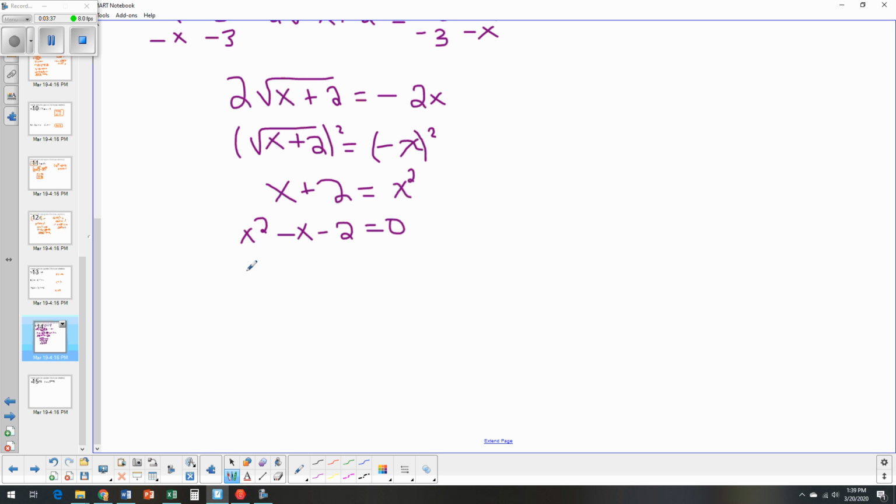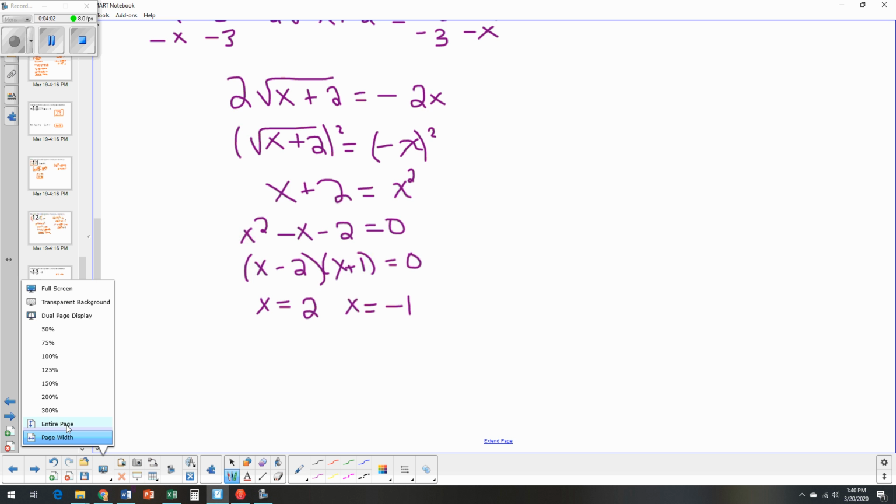I'm going to factor this by finding what multiplies to negative 2 and adds to negative 1. So that's x minus 2, x plus 1. That gives me a solution of x equals positive 2 and x equals negative 1.